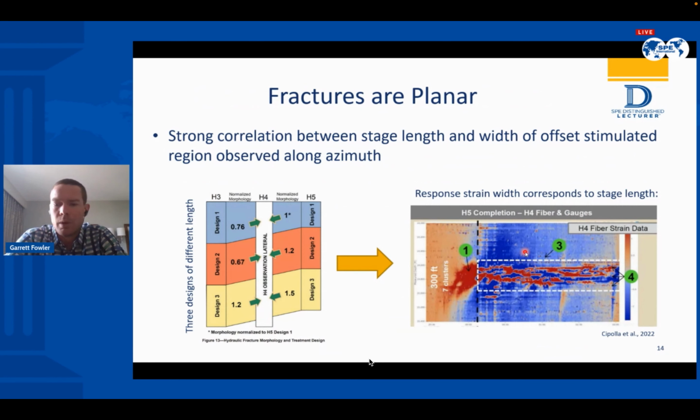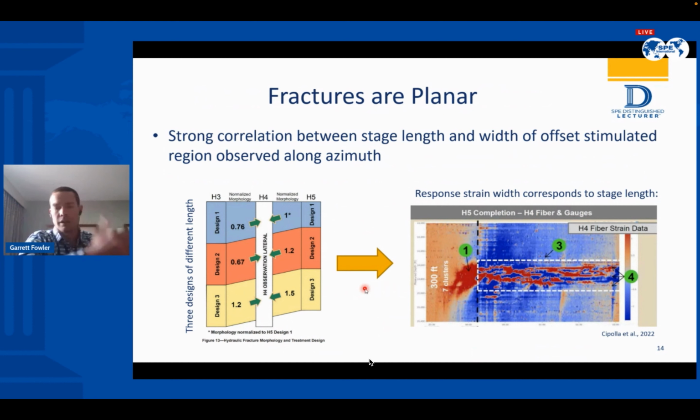And then finally, there's been a wealth of these fiber studies now over the last several years. And in particular, when things like stage length are investigated, and this is one coming from Hess in the Bakken, there is a tight correspondence between the length of well that you stimulate and the length of strain or deformation that is seen on the offset well.